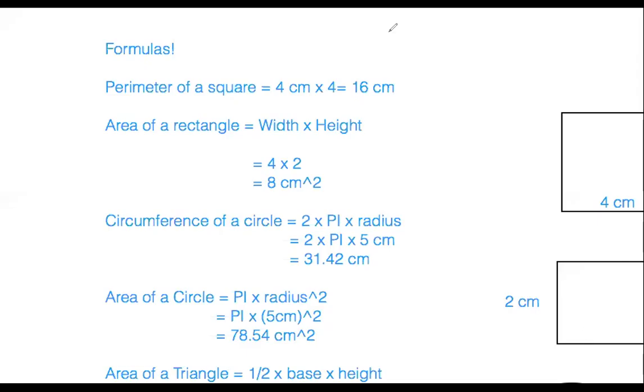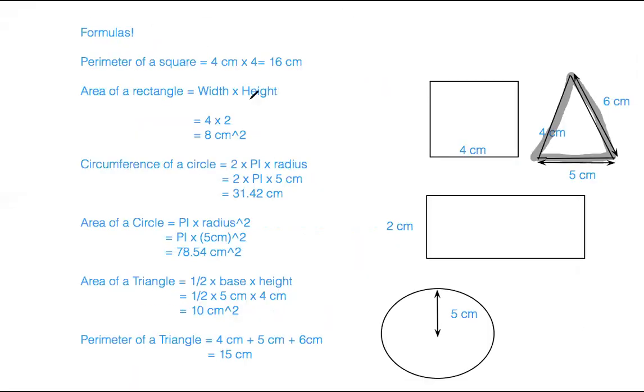I share. Okay, this is a full circle. Full circle, your formula is circumference is 2 times pi times r.